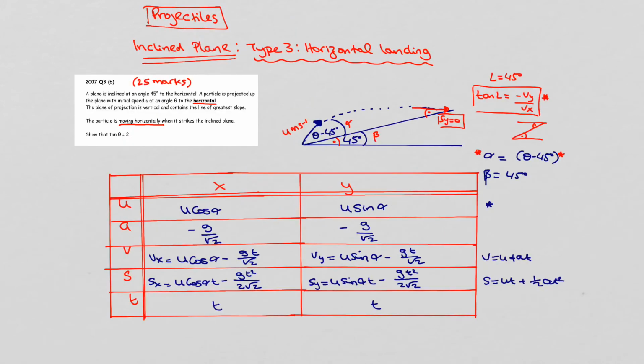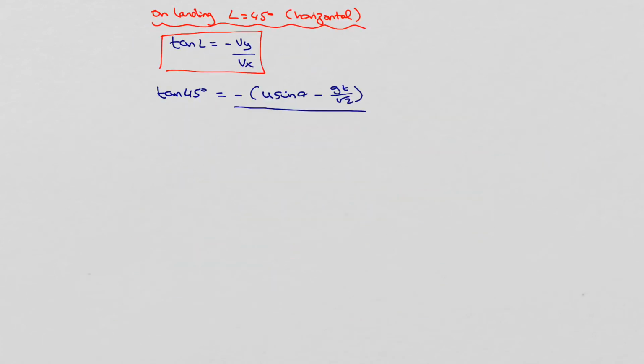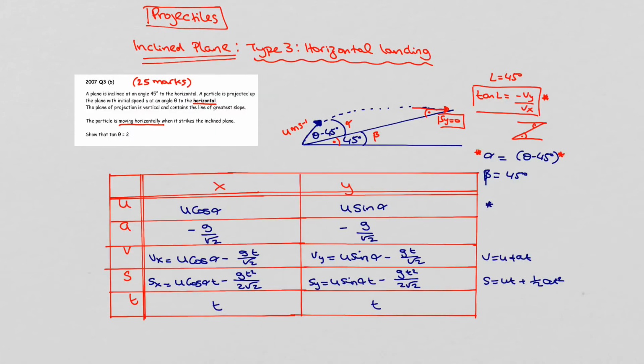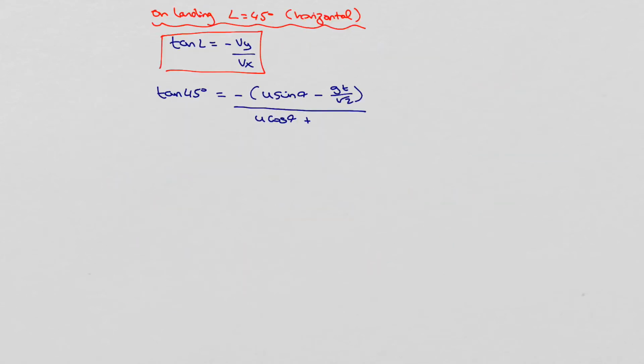Again, if I go back to my table, Vx is u cos alpha minus g t over root 2. Again, brackets in both of those.